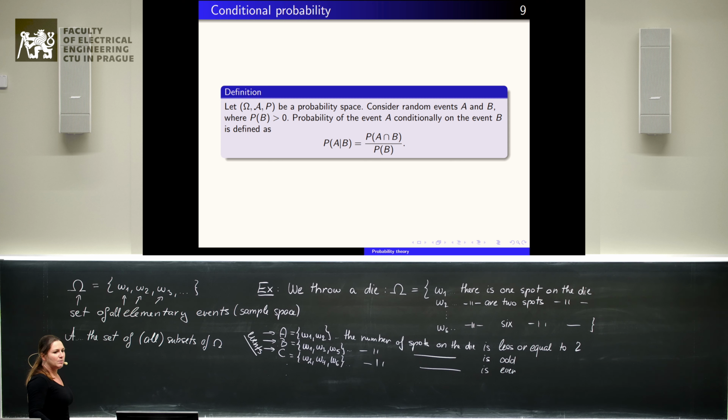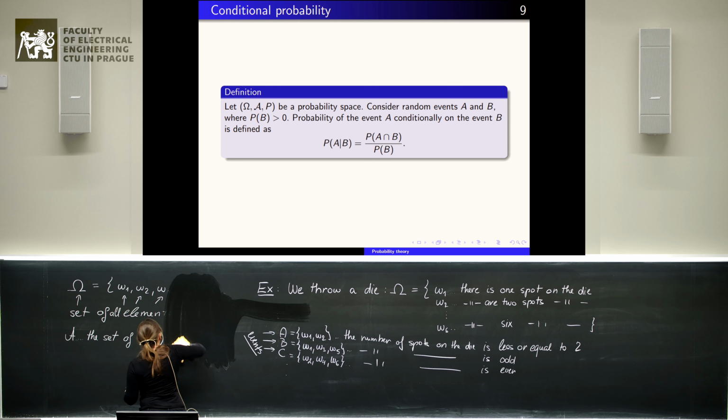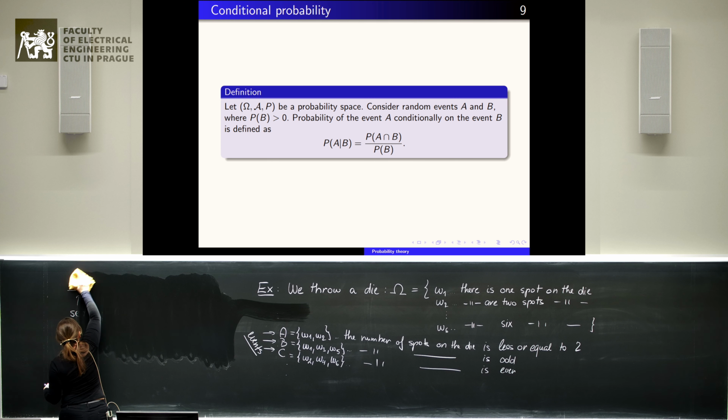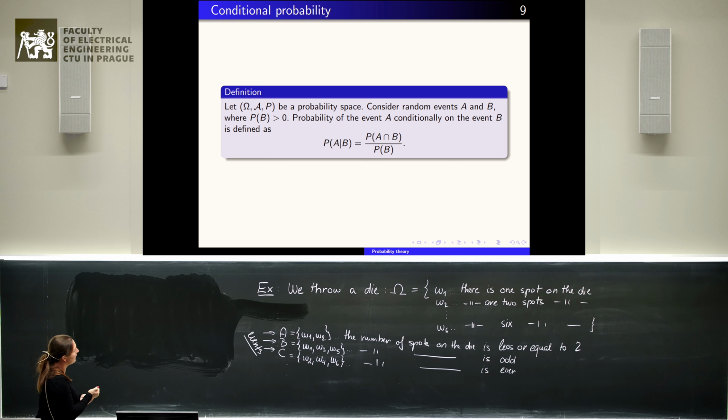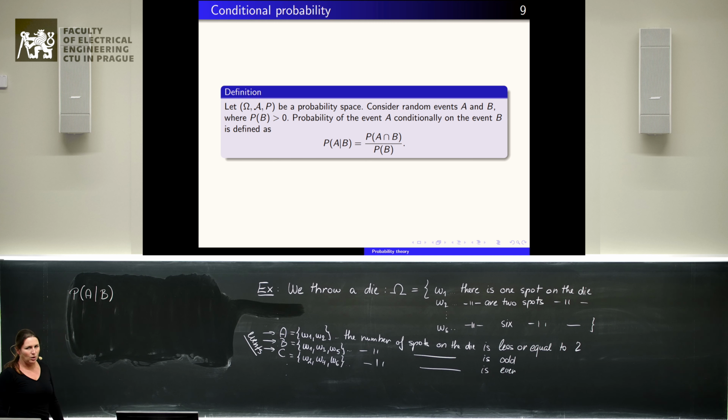And what does it mean? What is the meaning of conditional probability? The conditional probability is a probability of some event conditionally on some information about another event. So, for example, in our case, we want to calculate the probability of the event A conditionally on the event B. What does it mean?